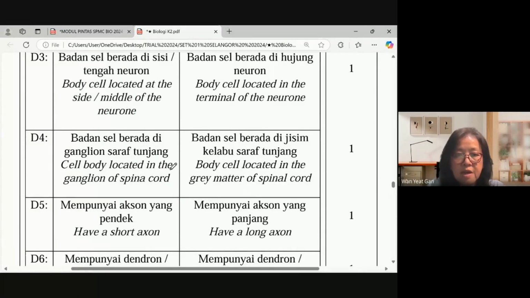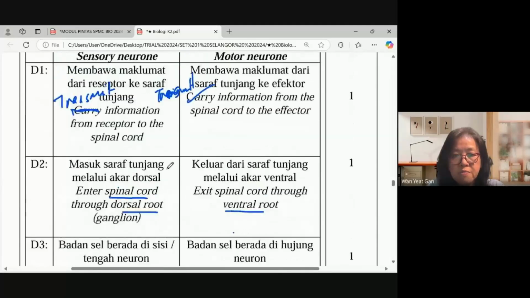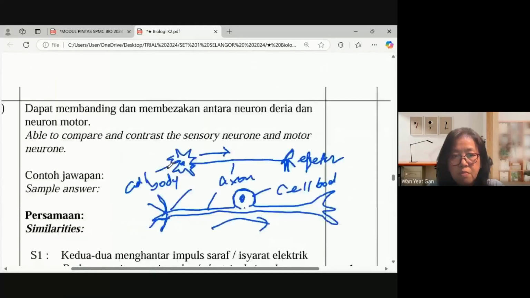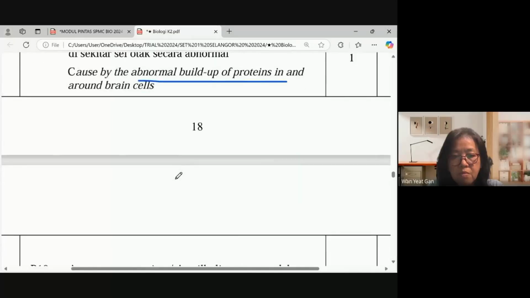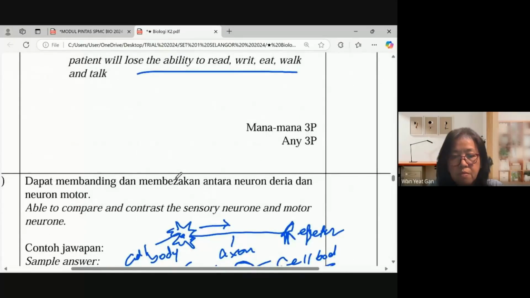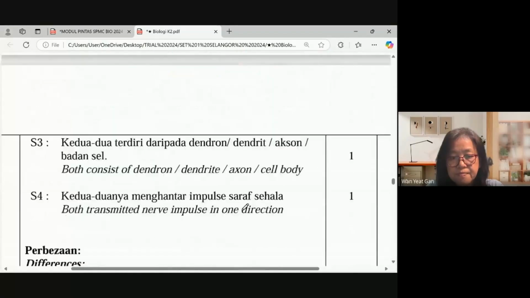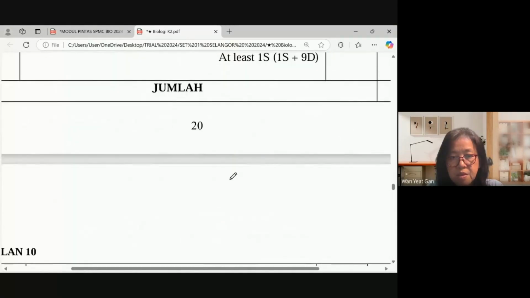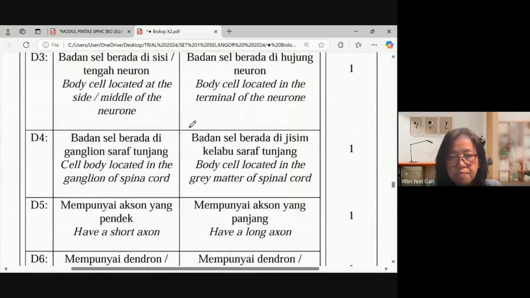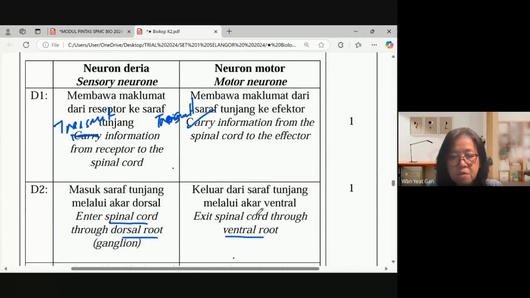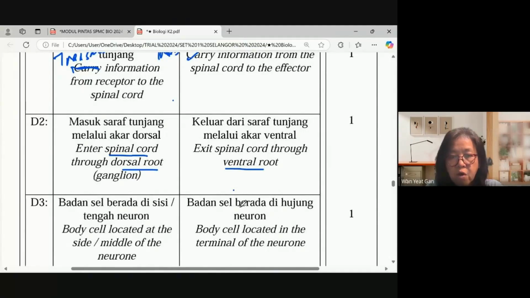Earlier I've already drawn it, so you can see the cell body is located in the middle of the cell. This is at the end of the cell. And the cell body for motor neuron is located at the terminal or at the end of the neuron.